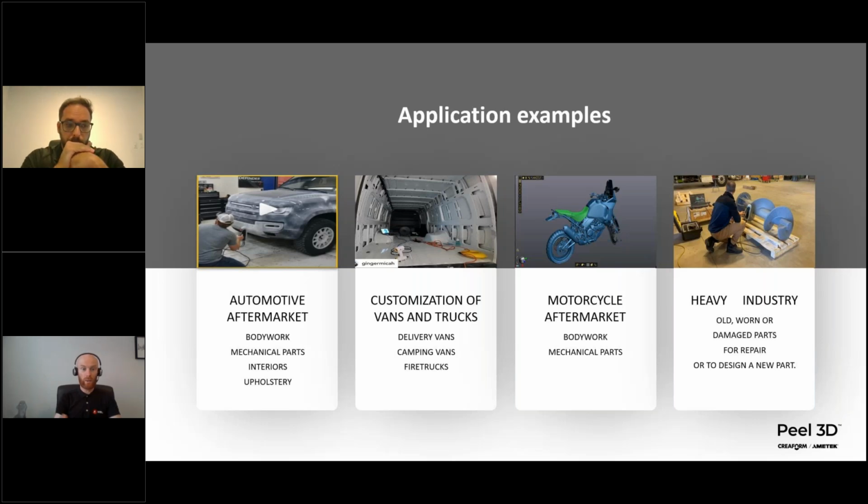Creating the digital twin can really help here with the design. And with older vans or older vehicles in general, there are lots of inconsistencies between one car and the next, so having a digital scan of each individual car is really useful.